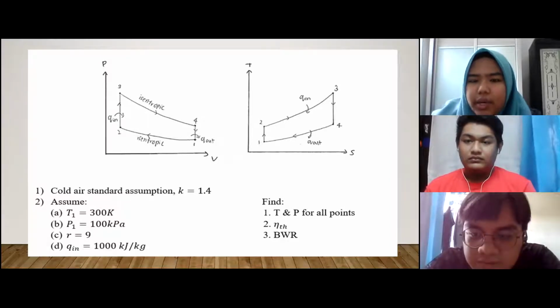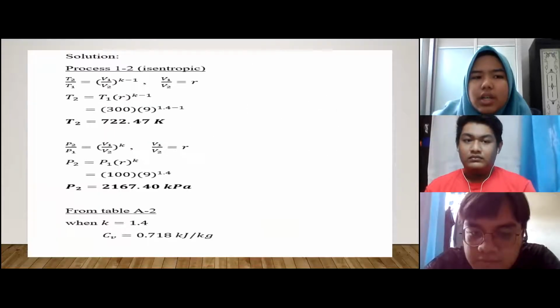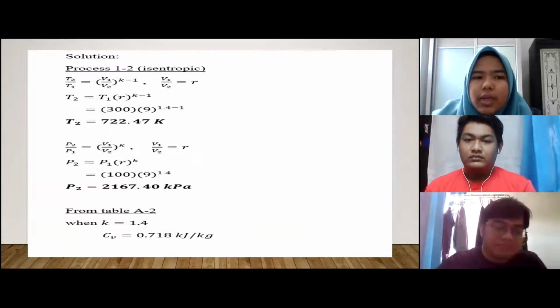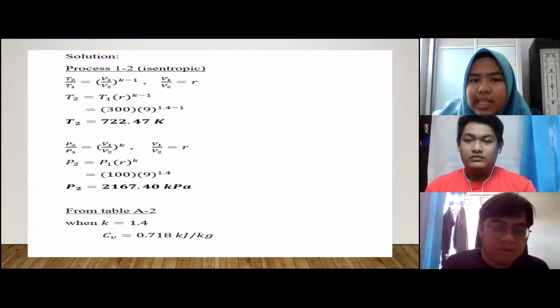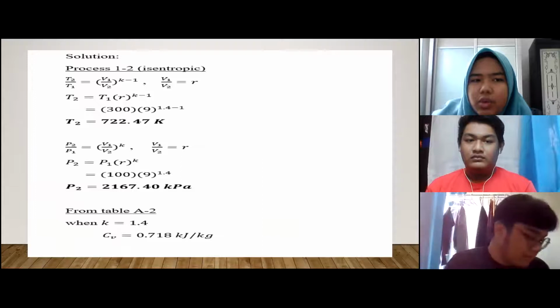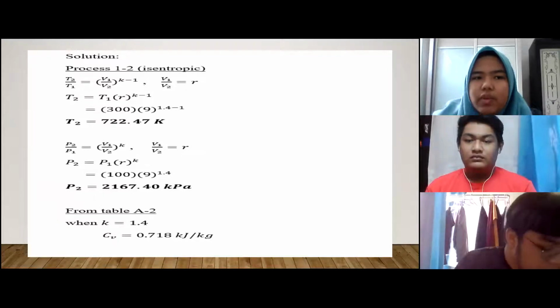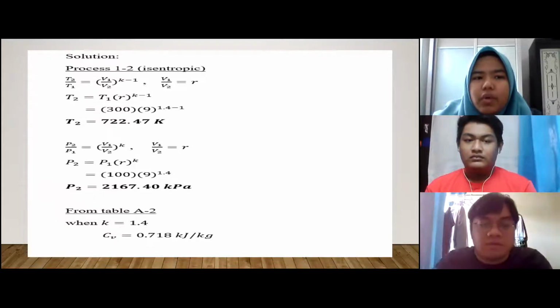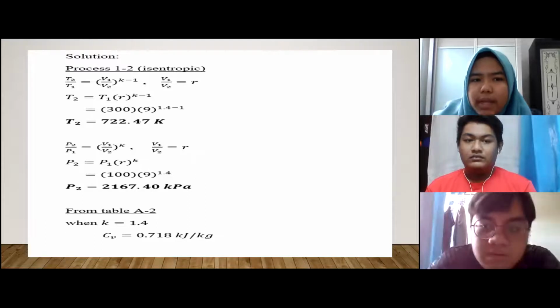Like I said, we need to find T and P for all points, the efficiency and the back work ratio. First, we use process 1 to 2, which is isentropic. We can find the value of T2 by T2 over T1 is equal to V1 over V2 to the power of k minus 1.